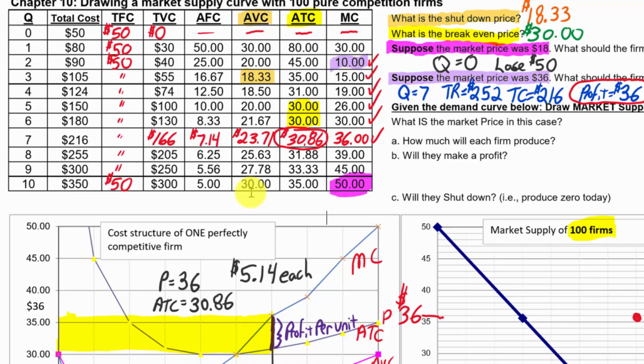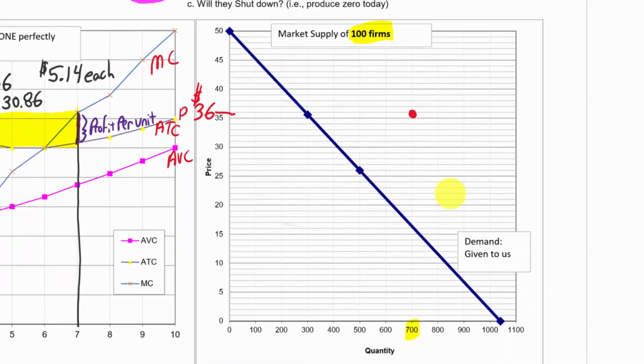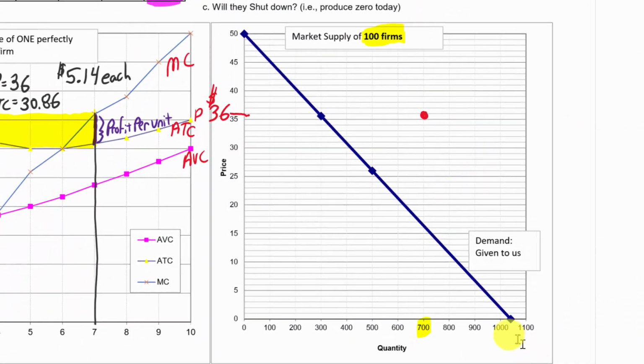What's 10 times 100? 1,000 units. So another point on our market supply curve is, if the price was $50, the quantity would be 10 times 100, or 1,000. All right, so down here is 1,000 units. We go up here to a price of 50, and there's a point on our market supply curve right there.